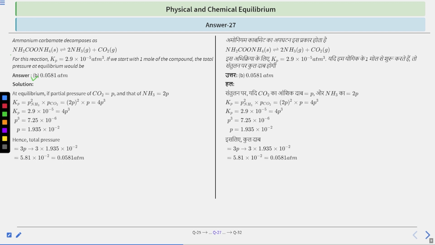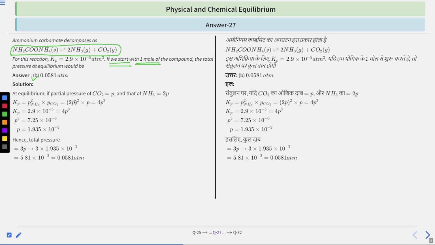So this is our reaction, we know, given in the question. So at equilibrium, the partial pressure of CO2 is, let's suppose, P, and that of NH3 will become 2P, right? Because we are starting with 1 mole of the compound, initially it is 1, 0, 0, and finally it will be 1 minus x, 2x and x.